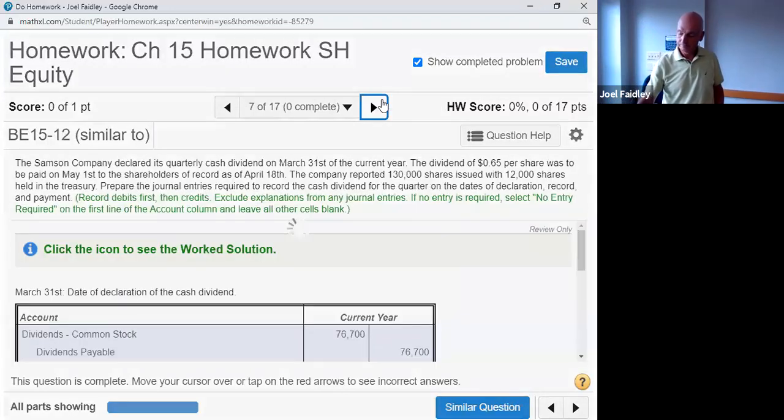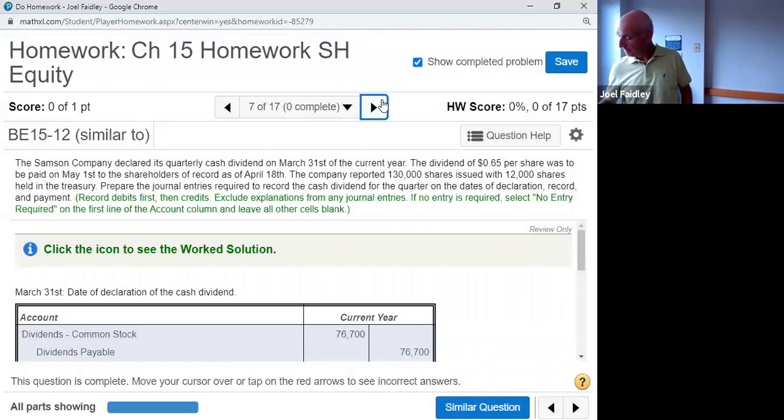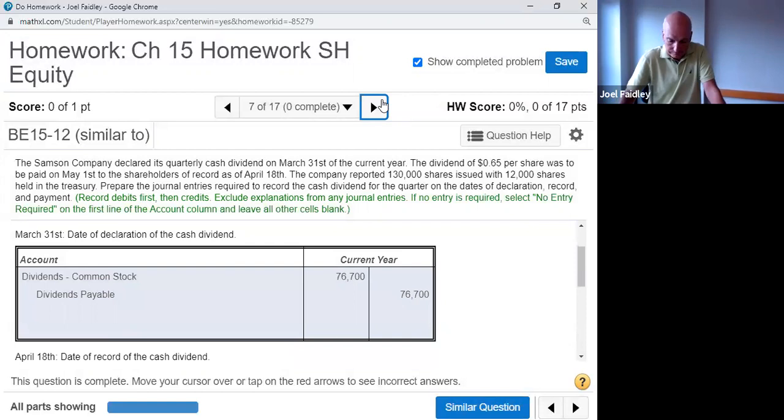All right. Number 7. Dividends payable. What we have here, Sampson Company, cash dividend. Dividend was 65 cents per share. 130 shares issued with 12,000 shares held in treasury. So we have to subtract those treasury shares out.